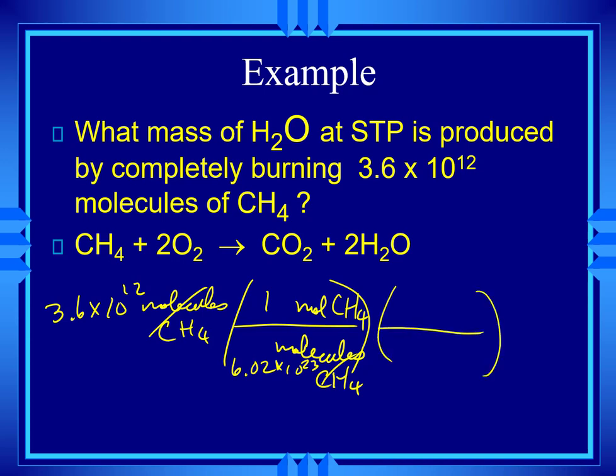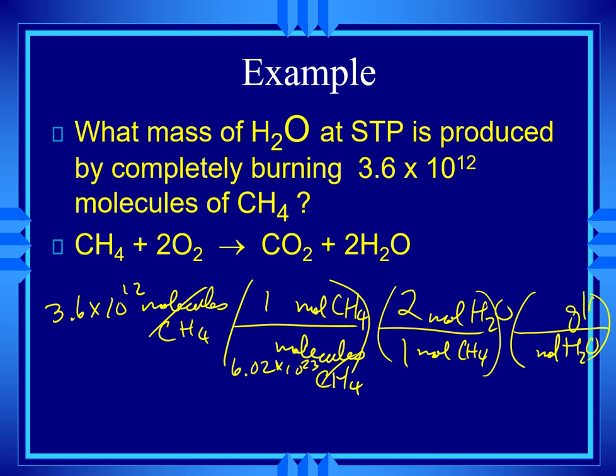I did all that to change it to moles, so I could change moles of CH4 into moles of what they asked for, H2O. And in my balanced equation, there's a 2 in front of H2O and a 1 in front of CH4. And then change moles of H2O into what they asked me about H2O, and that is grams. So 1 mole, added up already once today, it's 18.02 grams. 2.02 and 16.